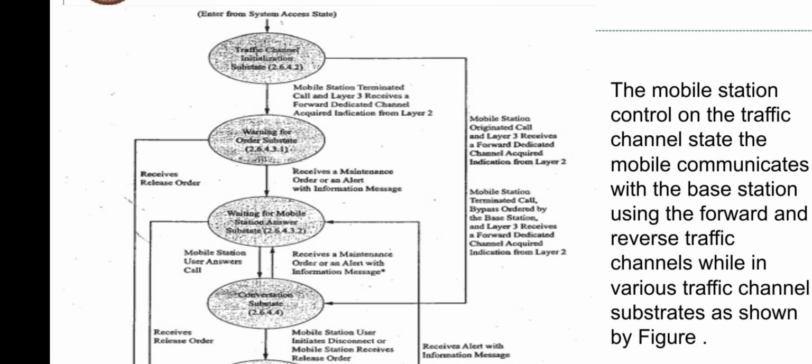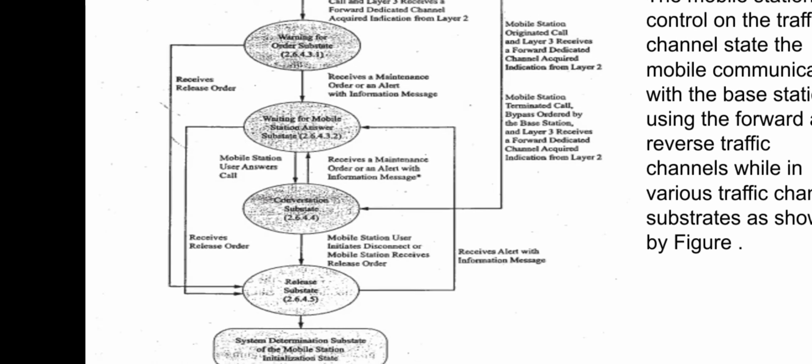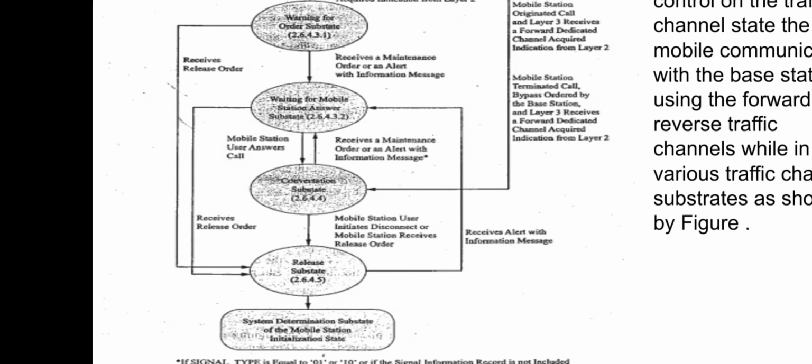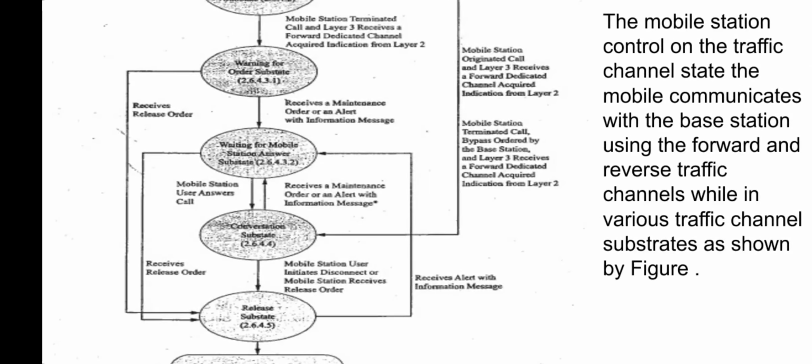From the waiting for order substate, it can go to the release substate, where it asks to release the required channels. After the release is done, it comes out of the waiting for mobile station answer substate and is given to the conversation state.